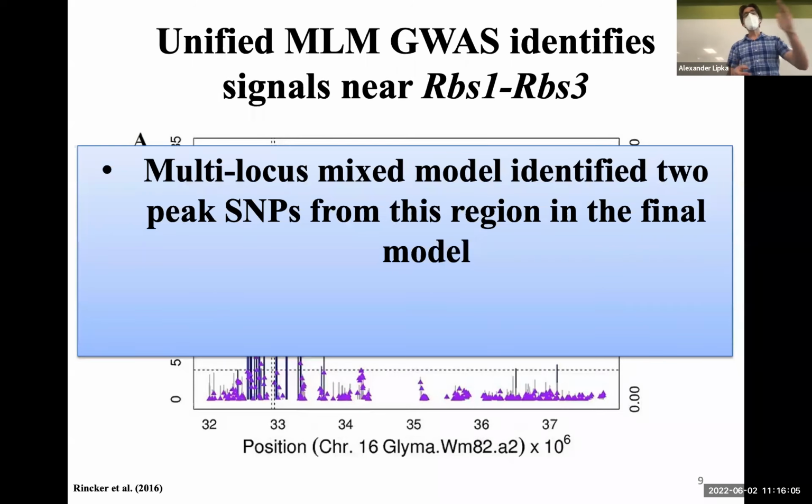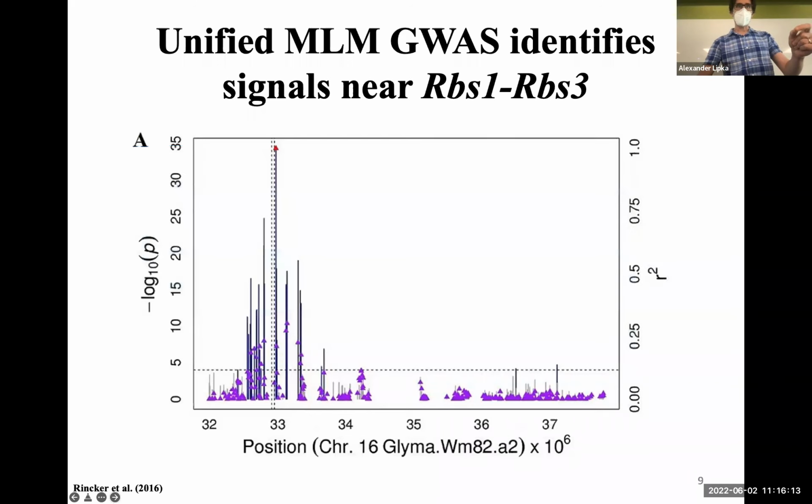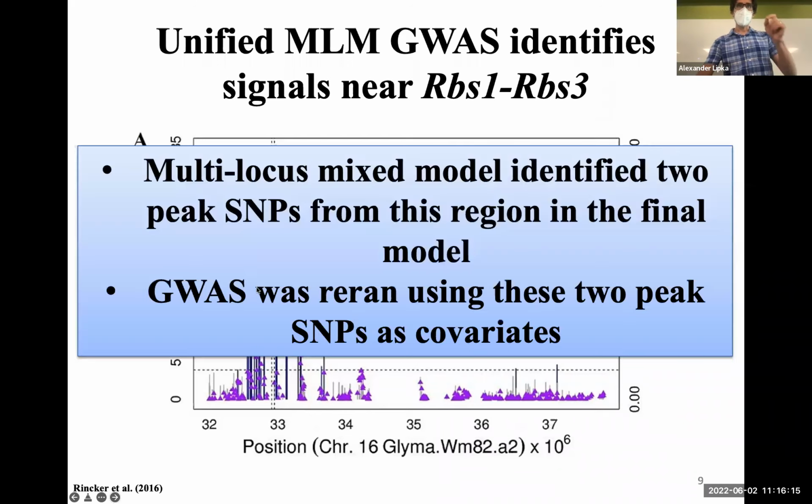So bottom line, we tried out this multi-locus mixed model and we identified 2 SNPs in this region over here, okay? And then we reran our GWAS using the unified mixed linear model, and we included these 2 peak SNPs as additional X variables in our model.